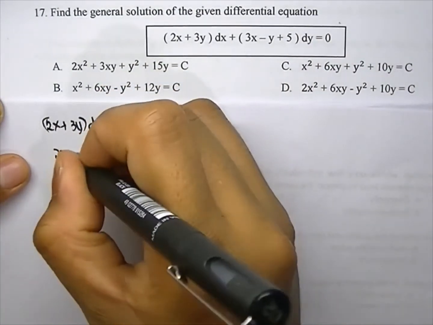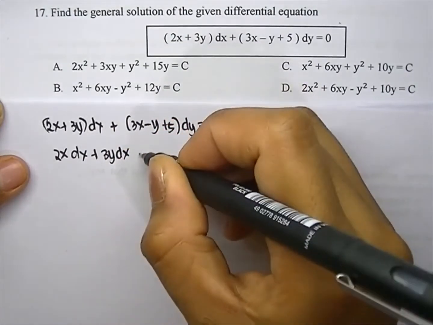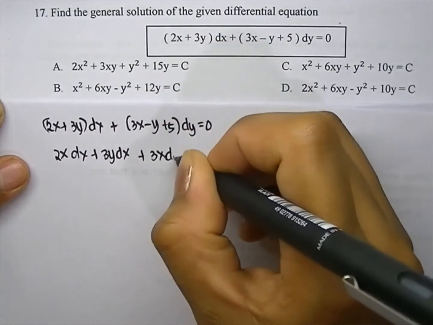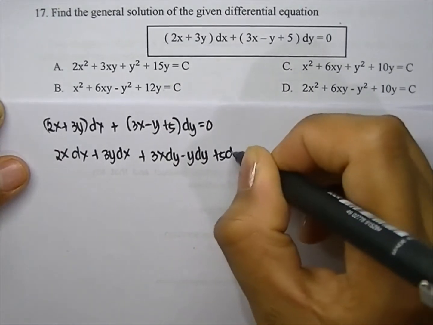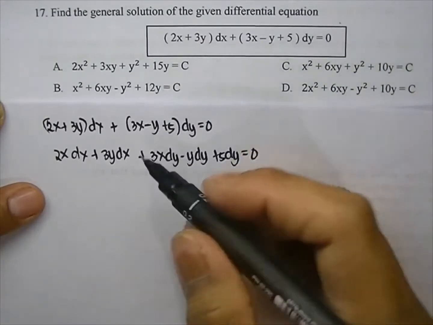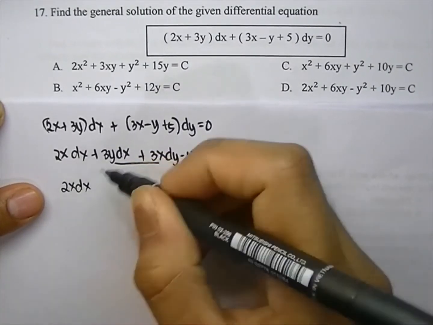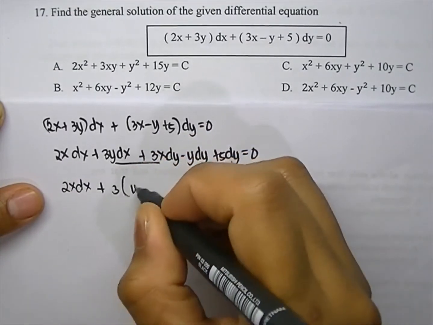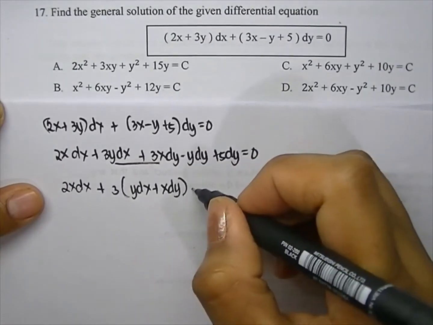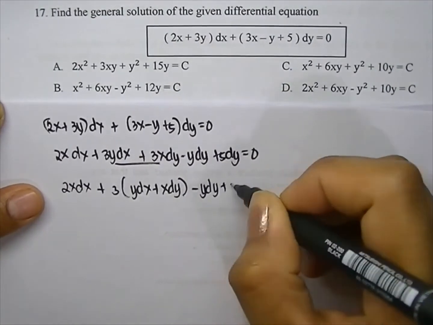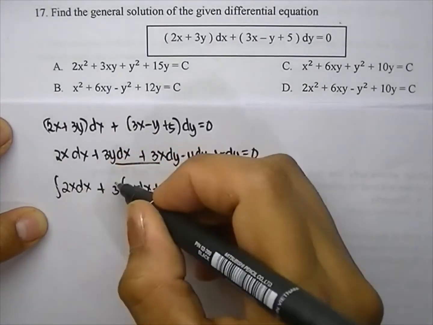So distribute, we have 2x dx + 3y dx + 3x dy − y dy + 5 dy = 0. So factor out this, we have 2x dx + 3(y dx + x dy) − y dy + 5 dy = 0. So integrate.